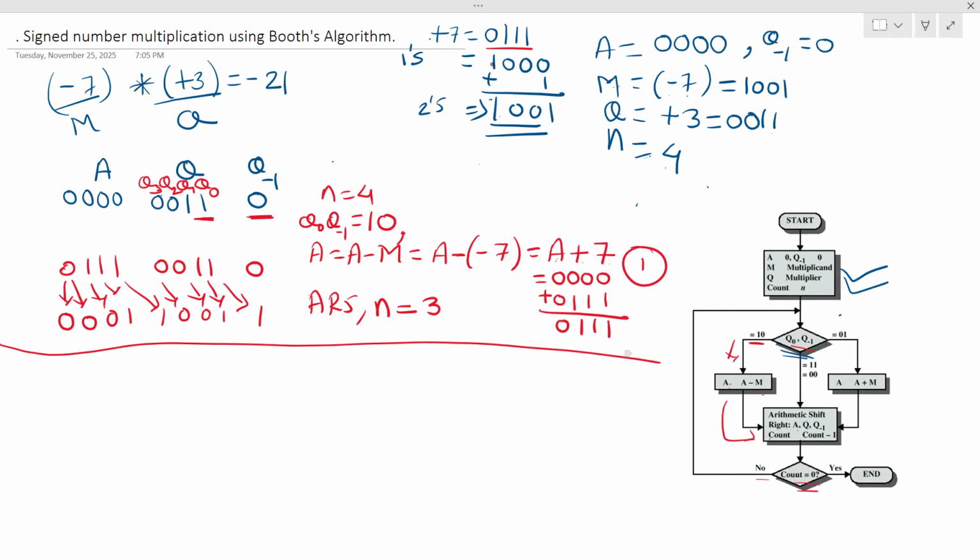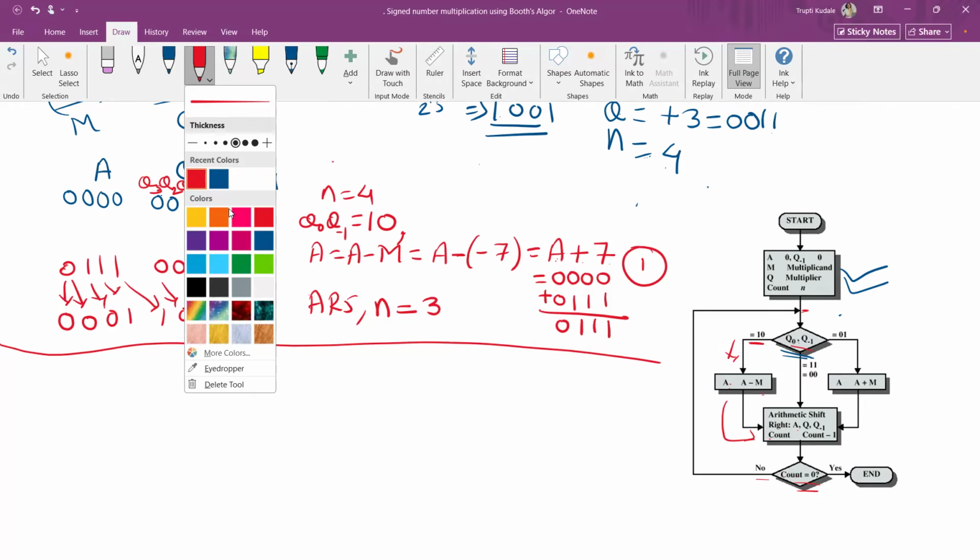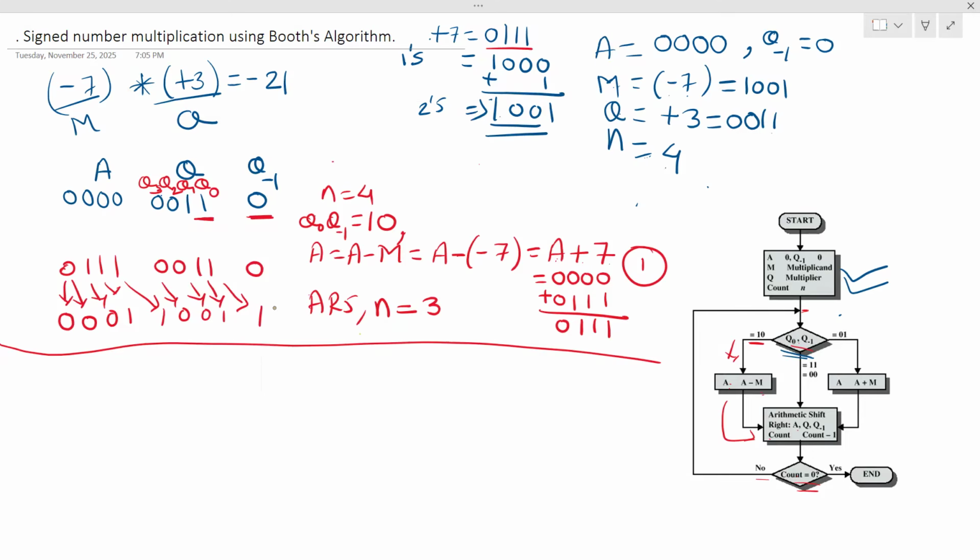So I need to again come to this step. I check again the bits Q0 and Q minus 1. Now these two bits are 1, 1.